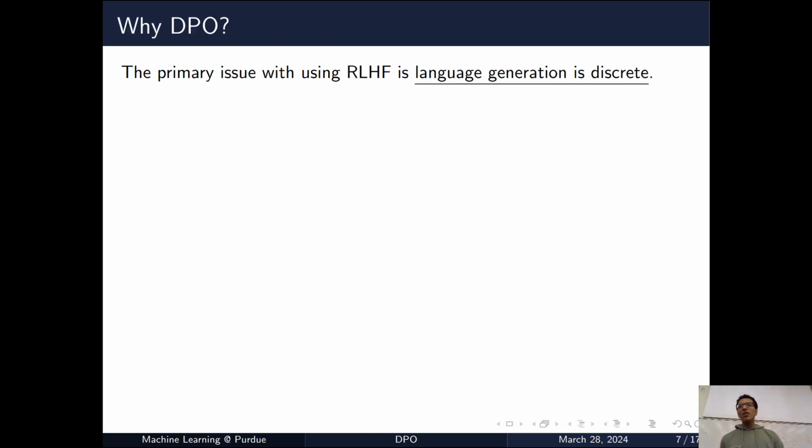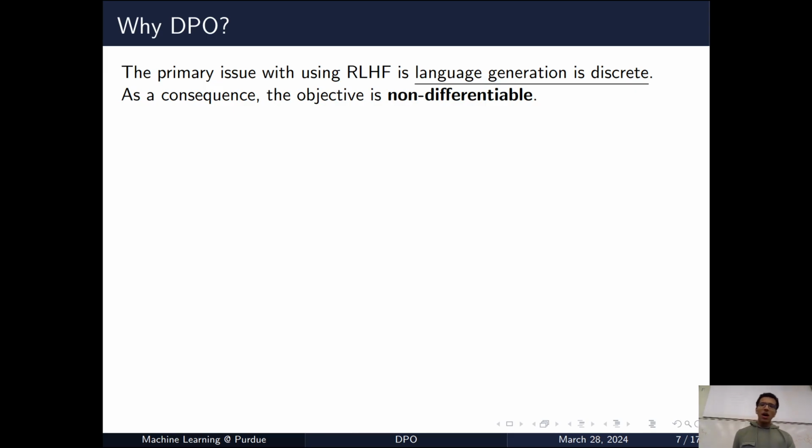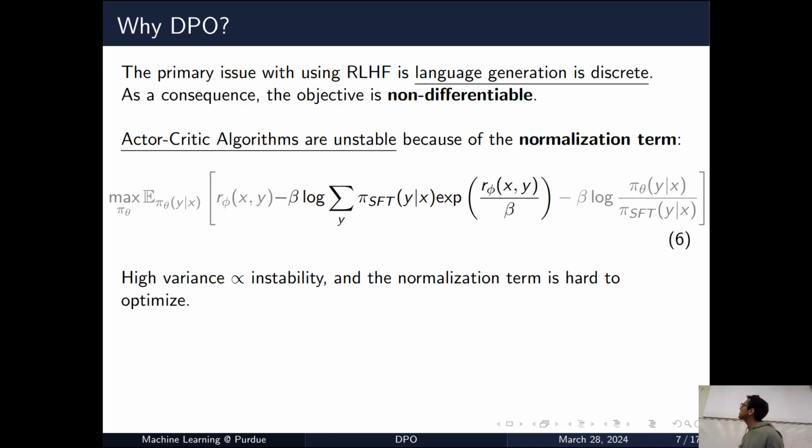Now let's talk about why RLHF is bad, right? So far it seems pretty nice. The big problem is that language generation is discrete, and the consequence is that not language generation, that's incorrect. Not language generation, it's the fact that we have to sample from the reward model.